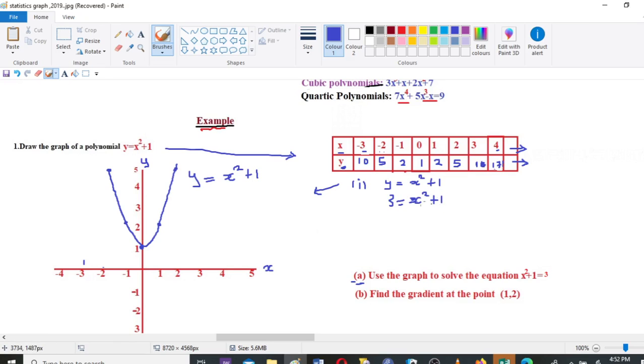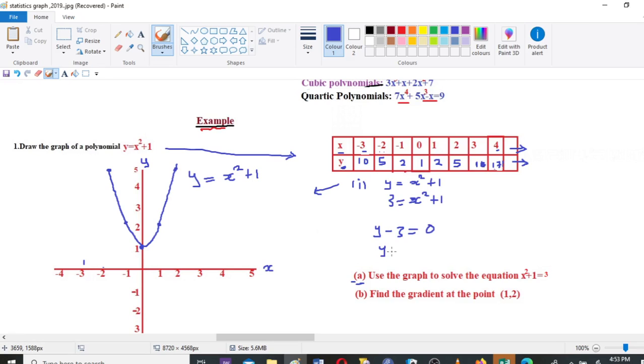Now subtracting this, we have y minus 3, that will give you 1 minus 3. x squared minus x squared will give you a 0, and positive 1 minus positive 1 will give you a 0. So this is equal to 0.